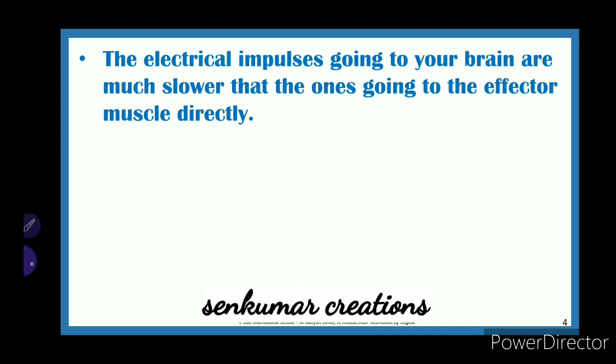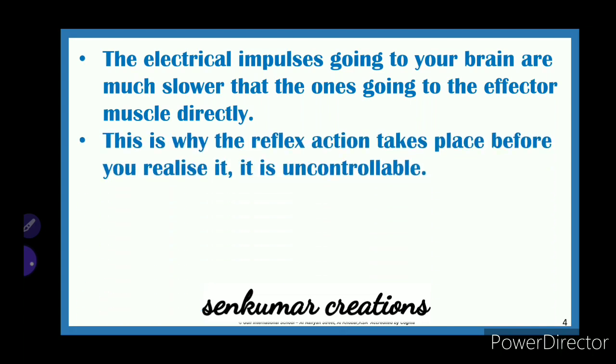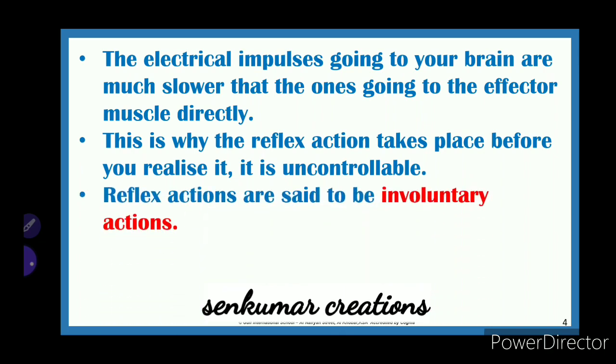So this is why the reflex action takes place before you realize it. Okay, before you realize it, it is uncontrollable. So reflex actions are said to be involuntary actions. Don't forget at any time. Very first, I told you clearly, reflex actions are said to be involuntary actions.